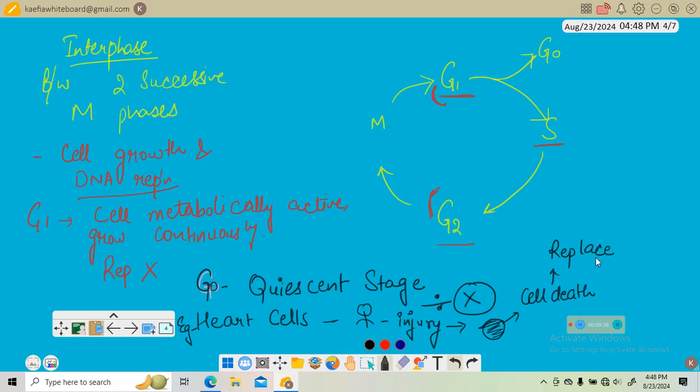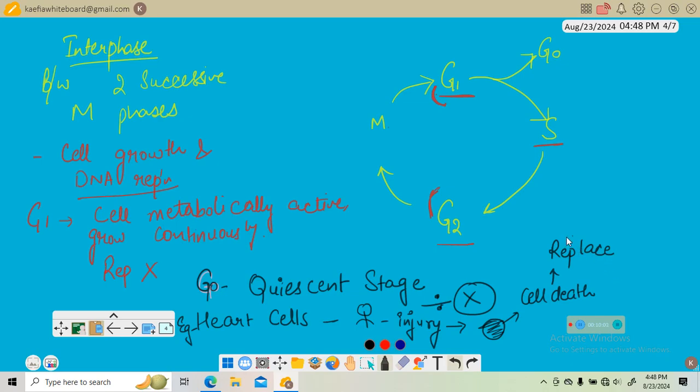Our body needs to replace these dead cells, and our system is such that it repairs itself. So here cell division will take place.